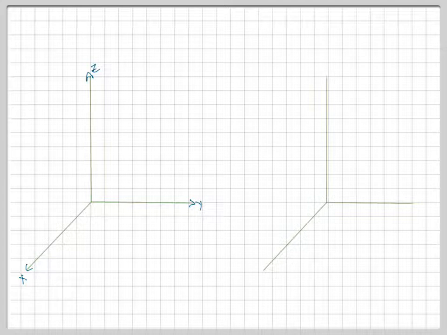So I'm going to do a rough sketch here. This is y and this is z and this is x, which is coming out of the board, always the x-axis. So we are going to do two slices.